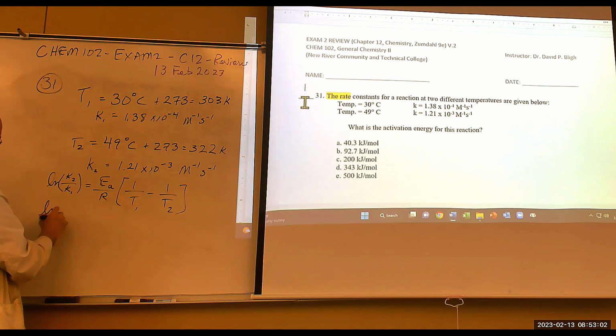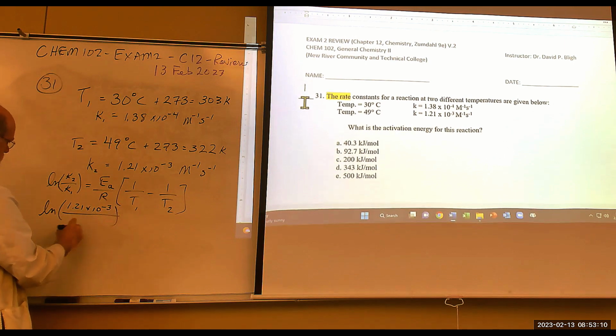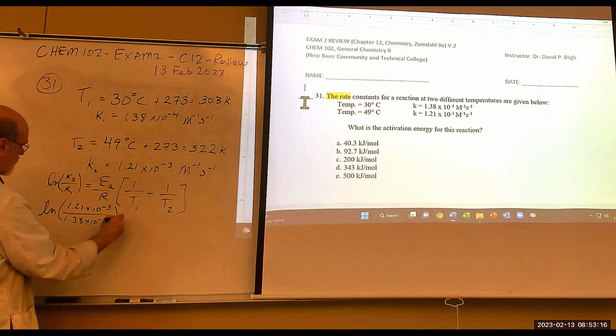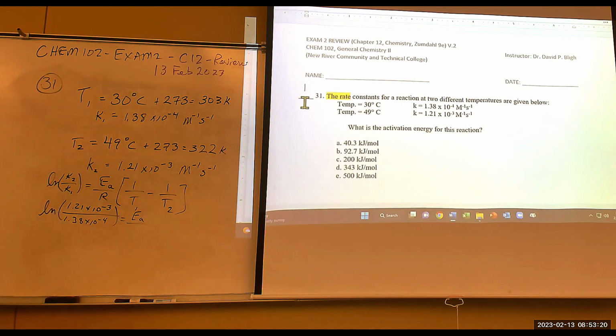The second one comes first, 10 to the minus 3. I'm going to leave out the units. And the first one comes on the bottom, 10 to the minus 4. That's equal to E sub A over R. So what's R? The gas constant, right? So we look it up.